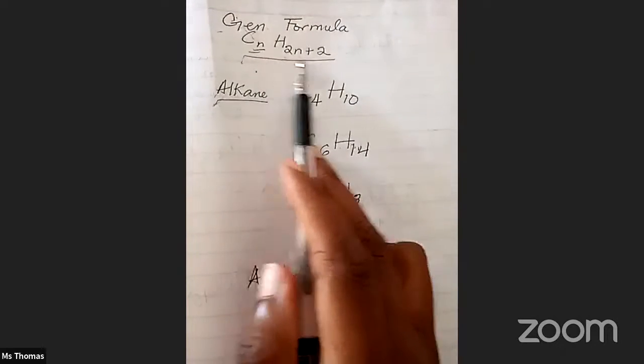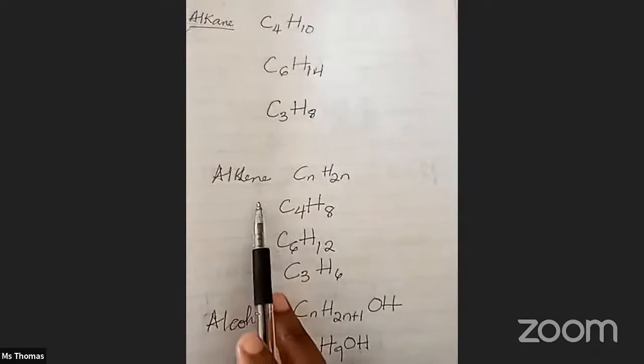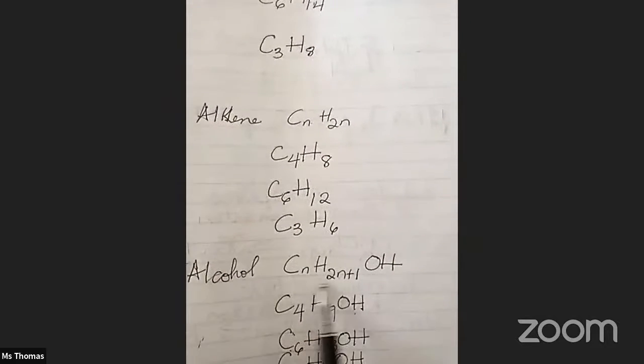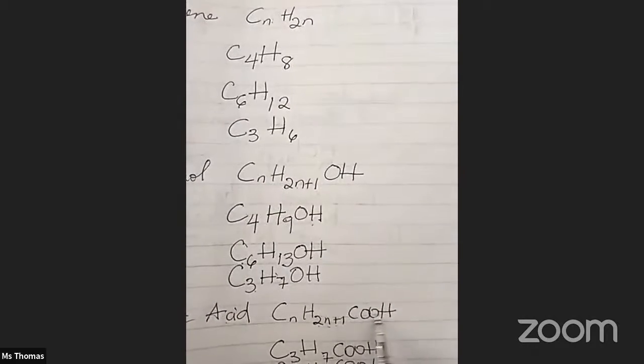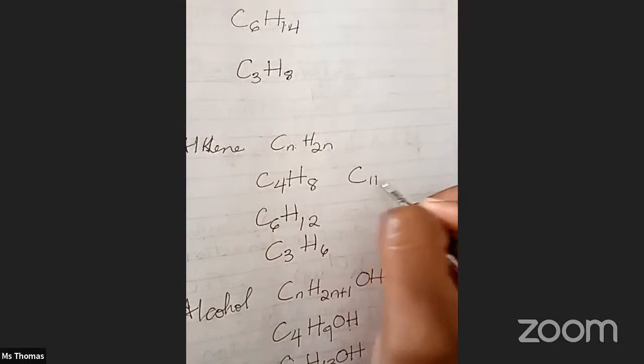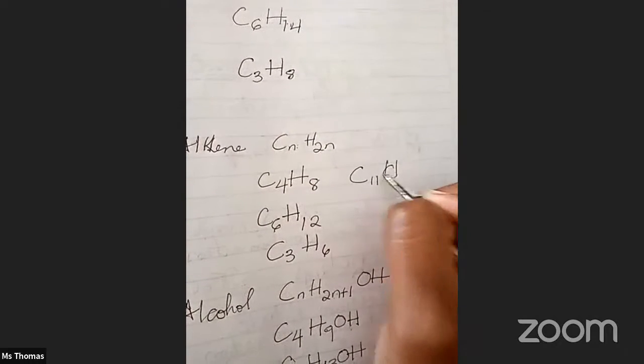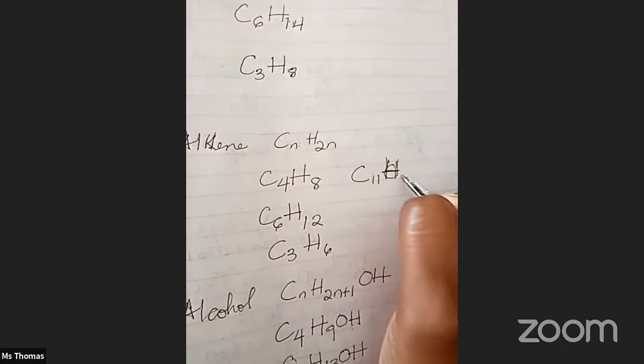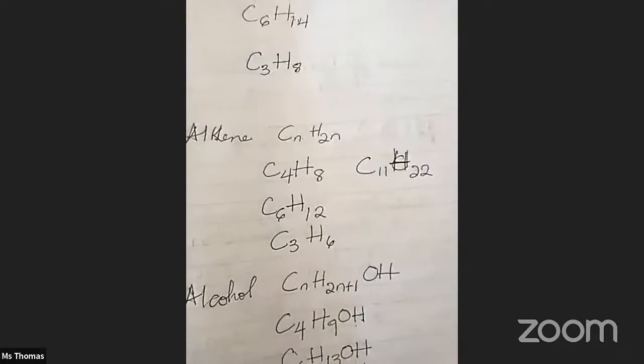So as you can see, for each homologous series, you have a general formula, and these general formulas are the same for all. It doesn't matter the number of carbons. So if you have C11, the number of H's for an alkene would be 22, right?